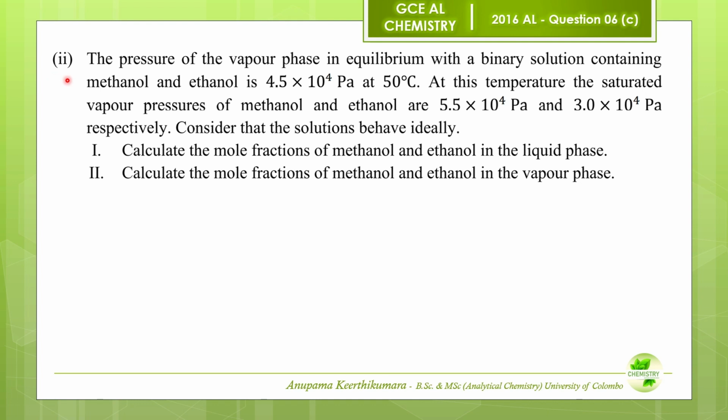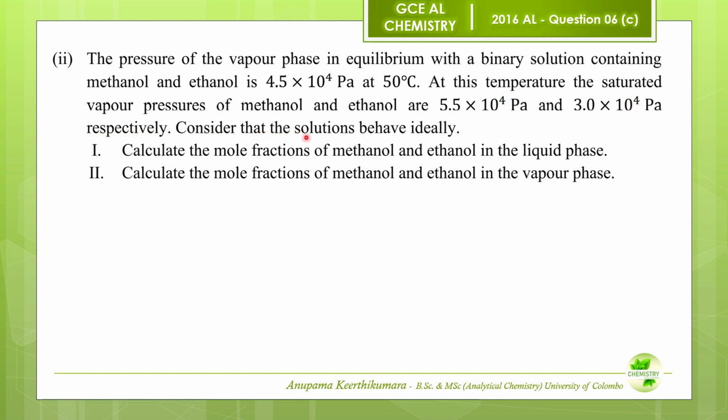Question number 2. The pressure of the vapor phase in equilibrium with a binary solution containing methanol and ethanol is 4.5 times 10 to the power 4 Pascal at 50 degrees Celsius. At this temperature, the saturated vapor pressures of methanol and ethanol are 5.5 times 10 to the power 4 Pascal and 3 times 10 to the power 4 Pascal respectively.